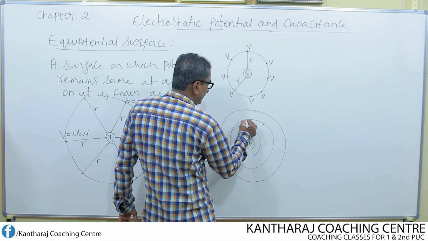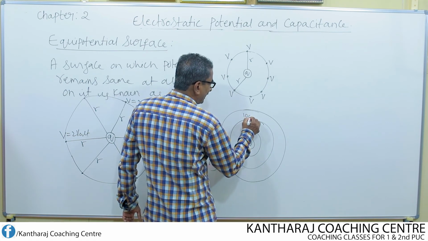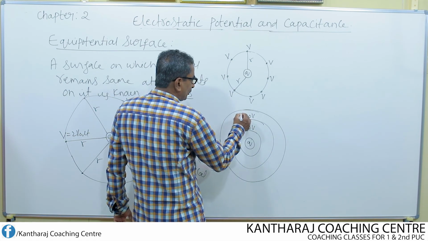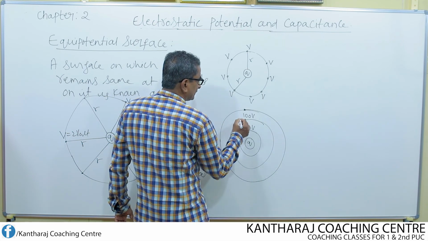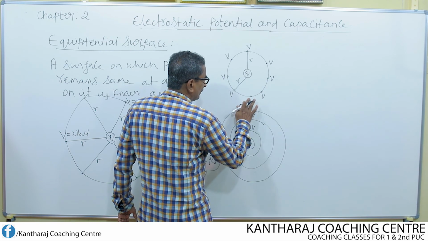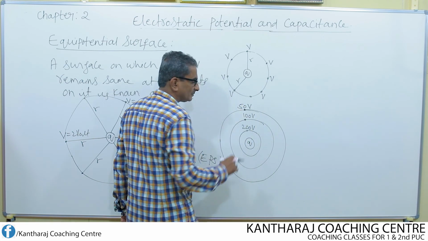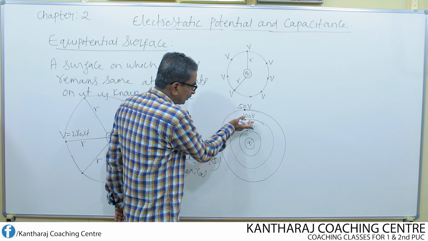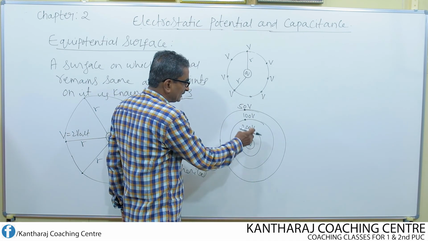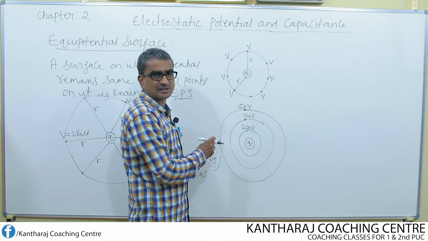For example here, it may be 100 volt. What is the potential on the third equipotential surface at this point? May be 50 volt. That means the potential goes on decreasing as we move away from the charge.